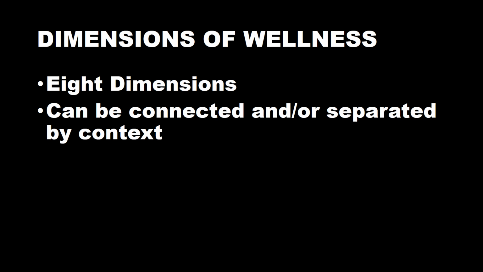Maybe if you eat a lot of junk food and it causes you to feel bad about yourself and feel guilty about what you eat, then that can make you feel bad emotionally. So physically, what you are doing to yourself makes you feel bad emotionally. In certain ways, these dimensions can be connected, versus certain instances where they can be completely separate. And it all depends on you as a person.